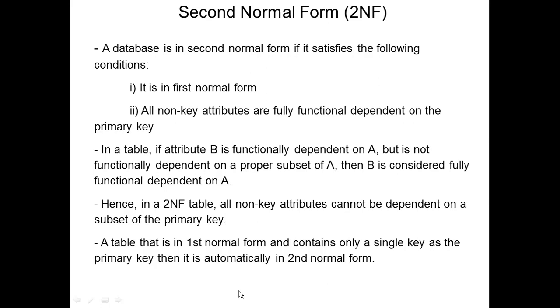In a table, if attribute B is functionally dependent on A but is not functionally dependent on a proper subset of A, then B is considered fully functionally dependent on A. Here in 2NF, non-key attributes cannot be dependent on a subset of the primary key. And if the table is in first normal form and it contains only a single key as the primary key, then automatically it can be considered second normal form.